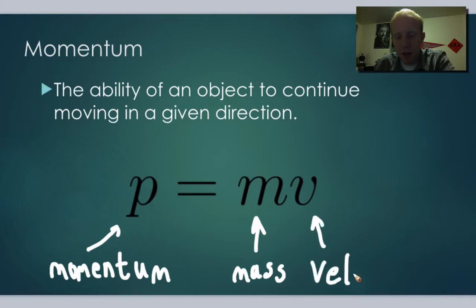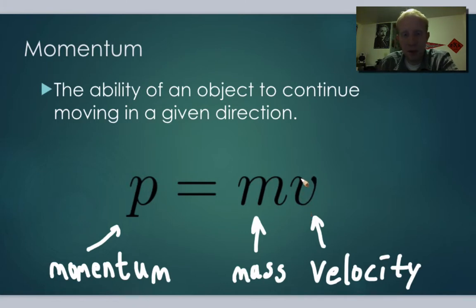You'll notice it's very similar to force, because force was mass times acceleration, but now it's mass times velocity. So it's a slightly different term, but there's a huge difference between velocity and acceleration. Velocity times the mass gives you your momentum. It's this idea that a large object that's moving fast is pretty hard to stop.